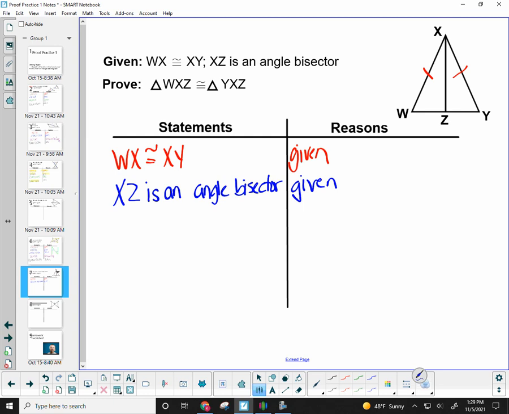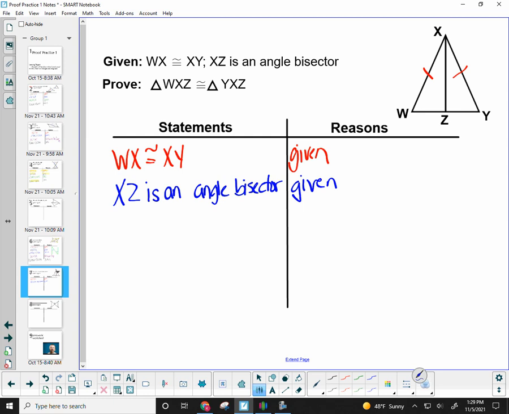All right, so we have two givens here. Only one of our givens has a congruency, or has that congruent statement. So do you see anything else, or can we draw a conclusion from XZ as an angle bisector?